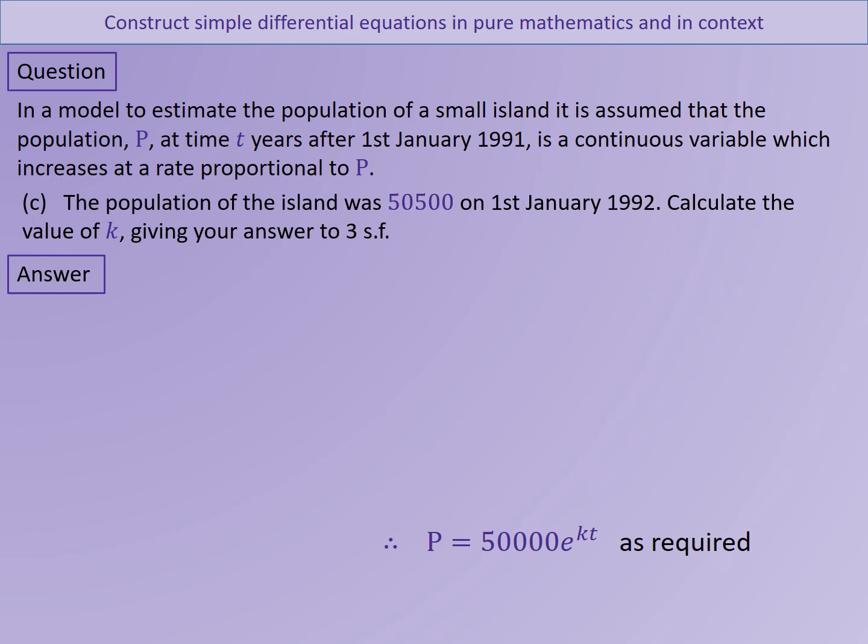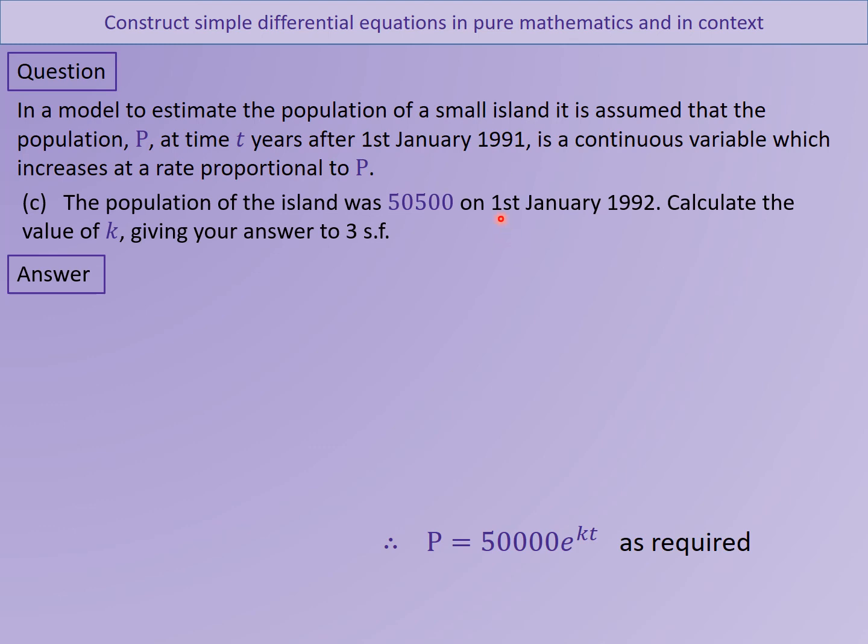They're giving me this extra bit of information, and what I can do is the same as a minute ago and substitute in the two values. So I've got P equals 50,500, but the t value, let me just double check, is the number of years after the 1st of January 1991.